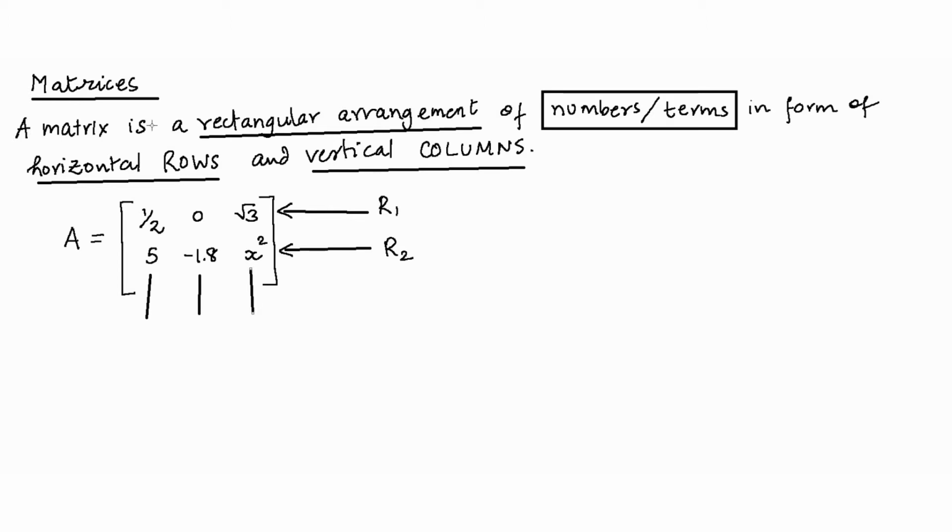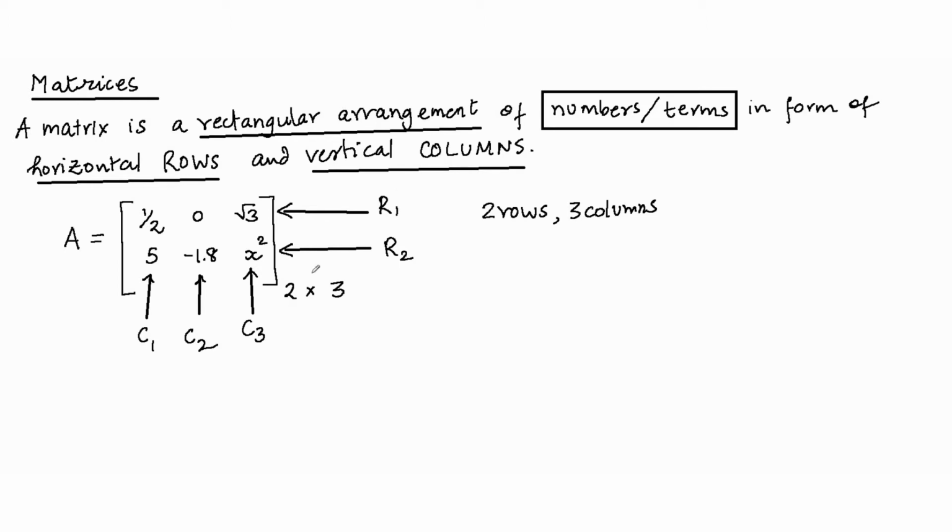So this particular matrix has two rows and three columns. Let's mark the columns as C1, C2 and C3. Therefore, we will define the order of this matrix as 2 by 3.